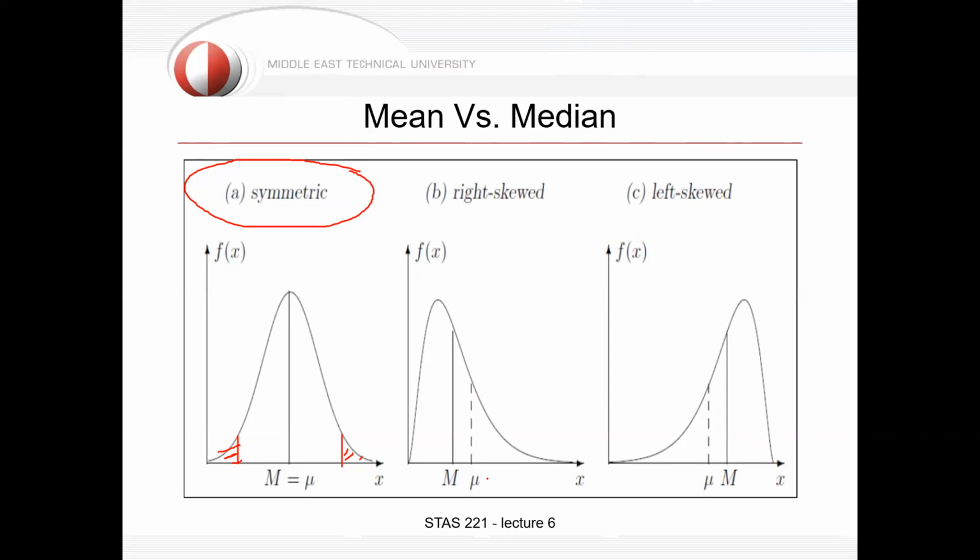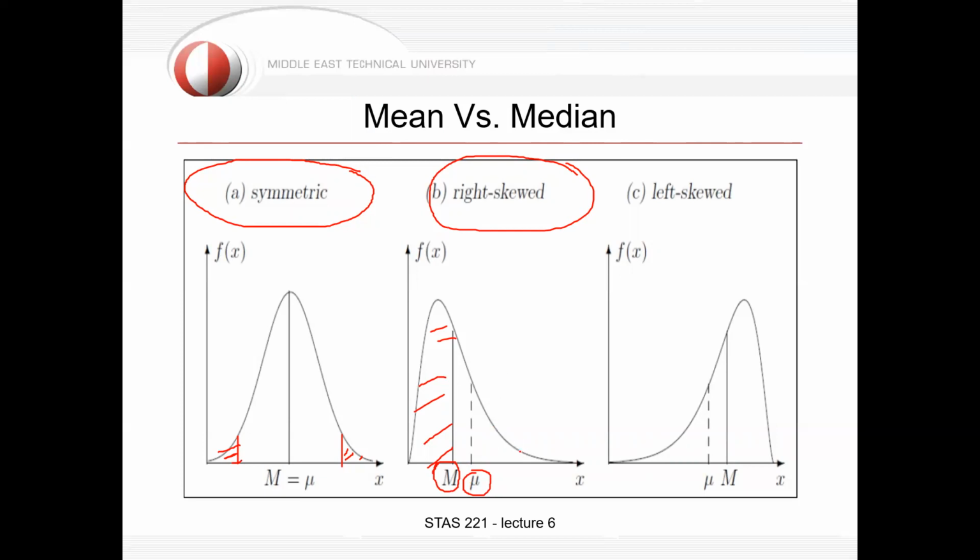But what if the mean of the population is bigger than the median of the population? Now I'm talking about the population, you see. When this is the case, we can say it is right skewed, or skewed to the right. It means that 50% of your data is less than this value, your median, but you can see that the mean is bigger, like in the previous slide that I showed you.